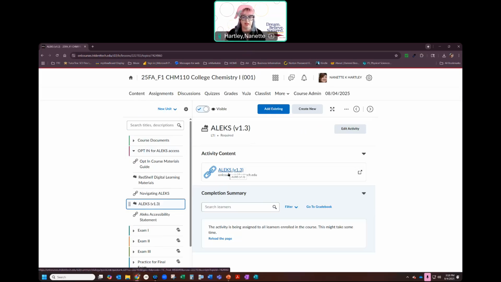Once you've done your sign up for this, you'll be able to click this to get into ALEKS. Unfortunately, I can't do that because that takes me to an error screen, because I get into ALEKS in a different way. I'm going to go back to that in a little bit, but I want to show you some information about this lab before we do that. But that's how you'll get there: go into your shell and then go into your ALEKS link.